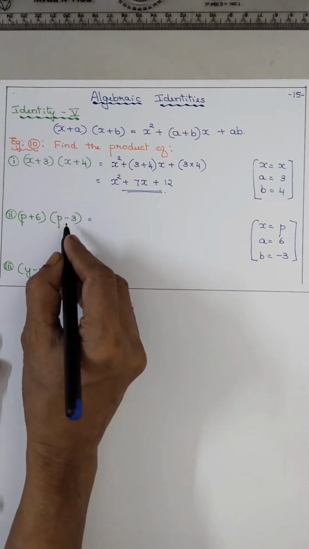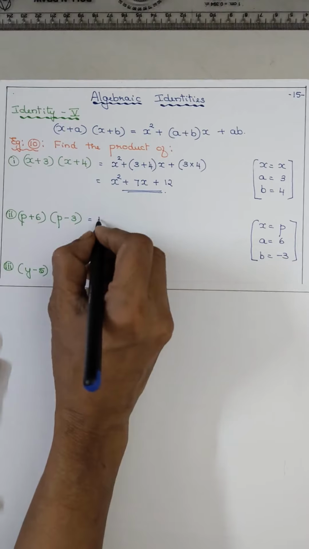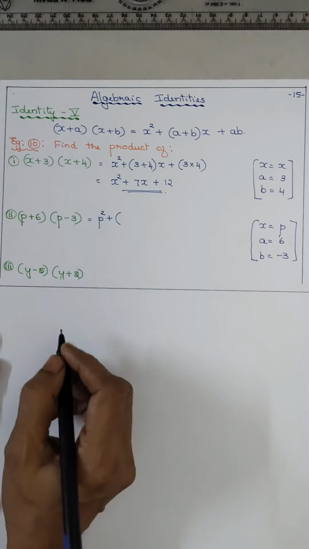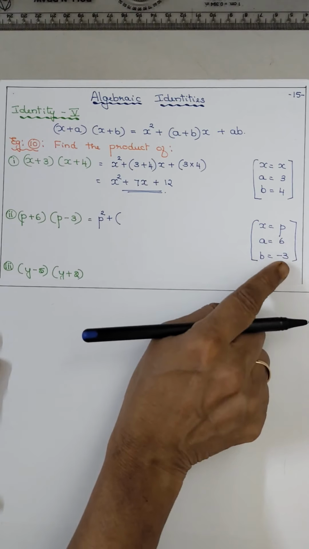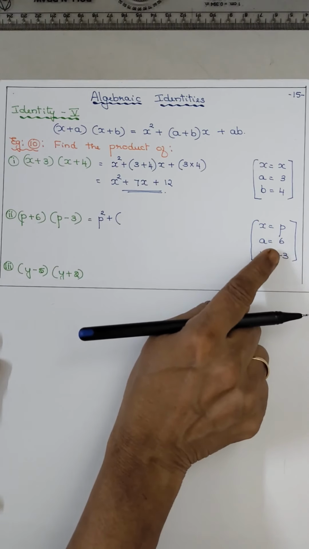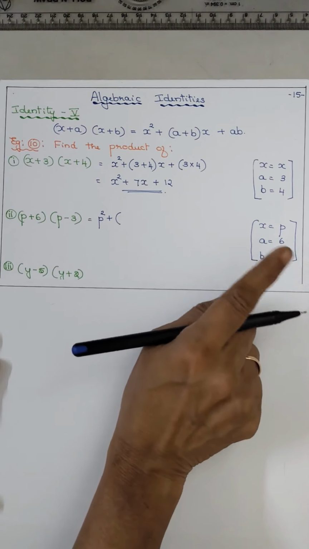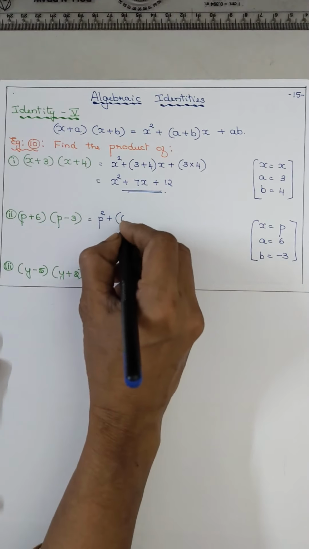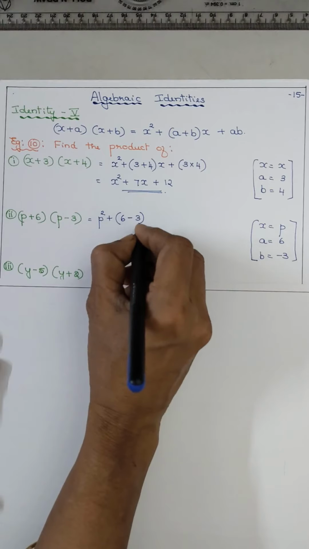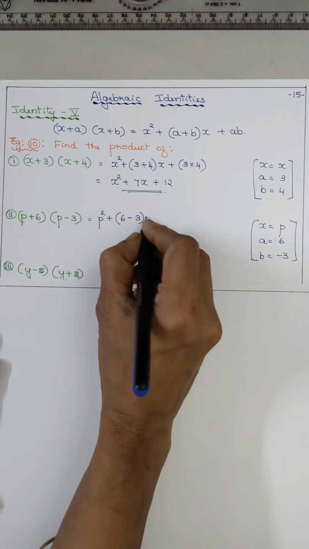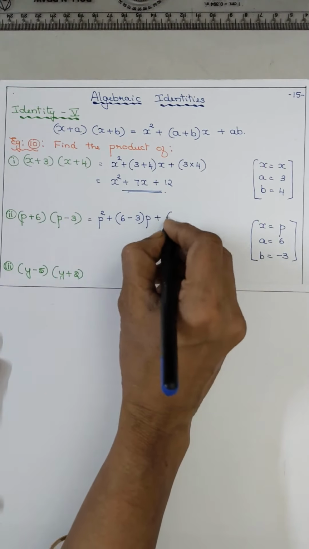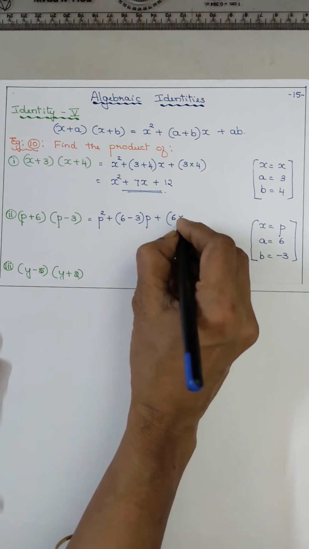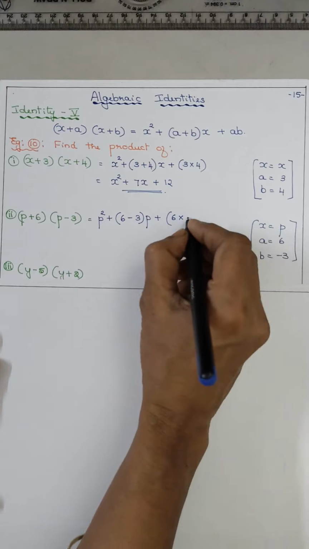So x square, so x is p square plus bracket open, a plus b, 6 plus minus 3. Plus of minus is minus, isn't it? So directly we can write 6 minus 3 and x is p plus bracket open, a is 6 into b is minus 3.